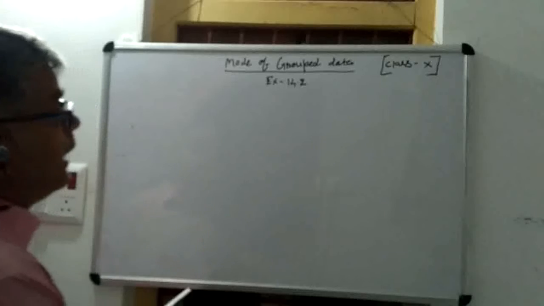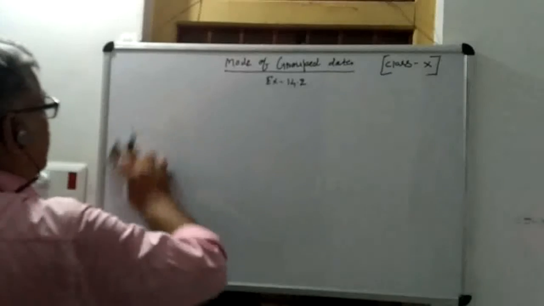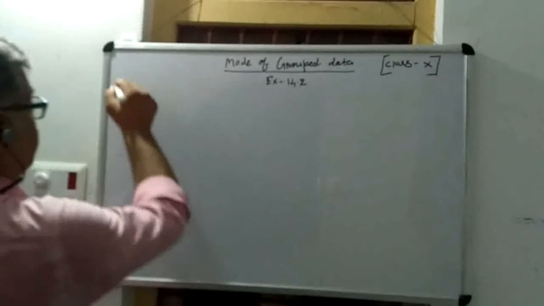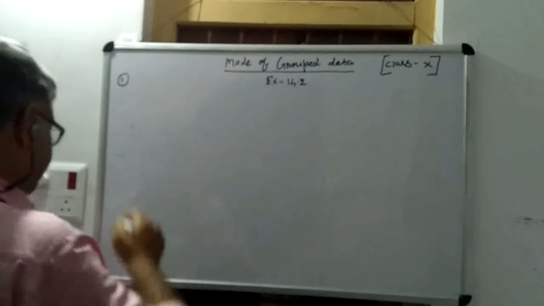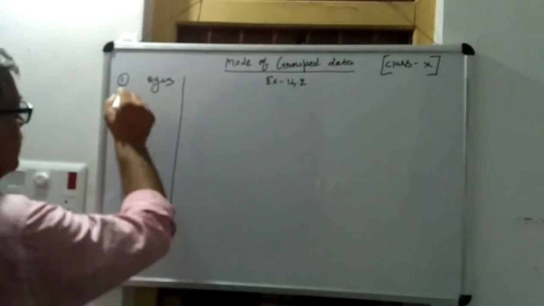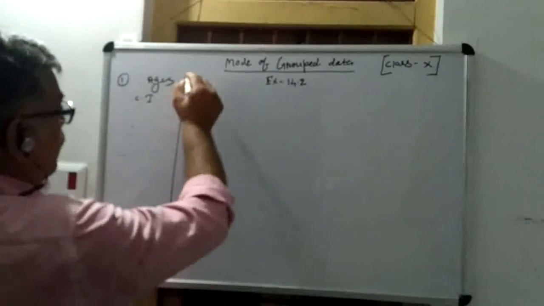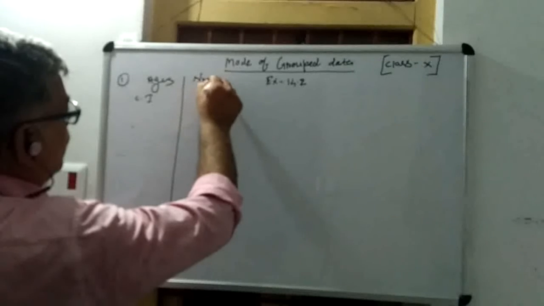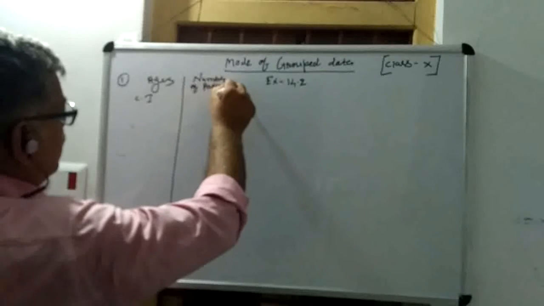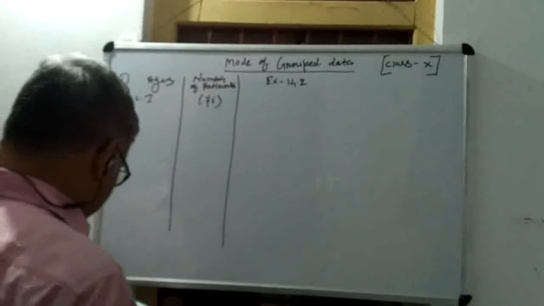So let's see. First I am going to calculate the mode, because you know how to calculate the mean. I am directly preparing the table: age, which is the class interval, and number of patients, which is fi, that is frequency.